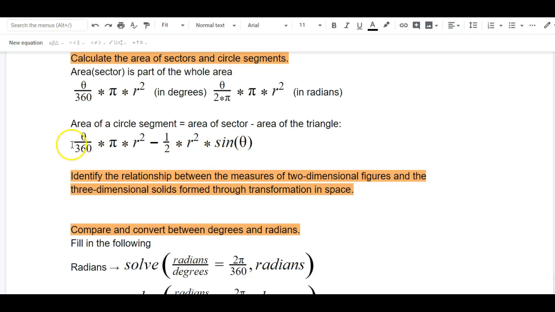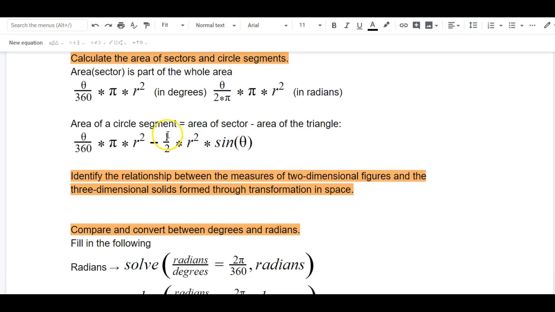This is the part of the circle, times the area, so pi r squared. That would give me the area of the sector, right here. And then we have to take away the area of the triangle.